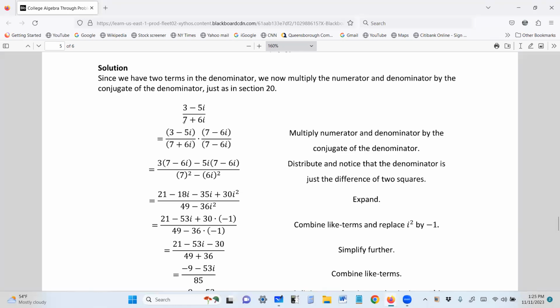So if the denominator is 7 plus 6i, the conjugate would be 7 minus 6i. So look what we have here. So we leave the question as it is, and we multiply numerator and denominator by the conjugate, which is 7 minus 6i. So we have to FOIL the numerator. We have to FOIL the denominator.